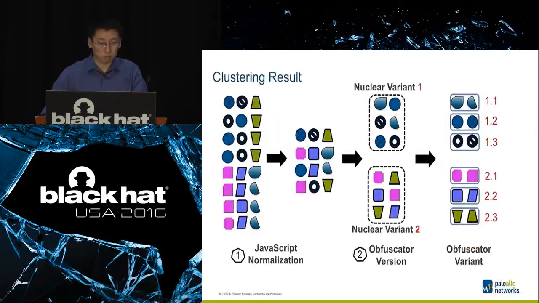From the previous two steps, we know that we can group the samples in a way that samples from the same cluster are generated by the same obfuscator version or variant. The final step is to analyze the samples within each cluster.